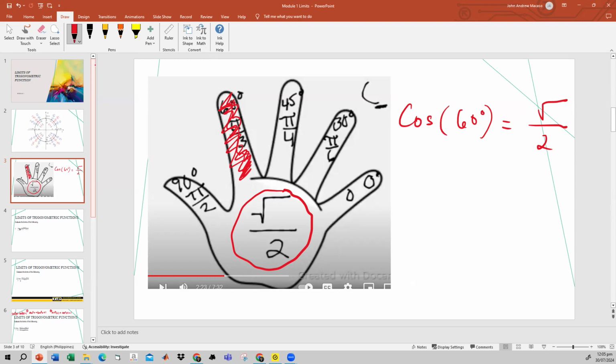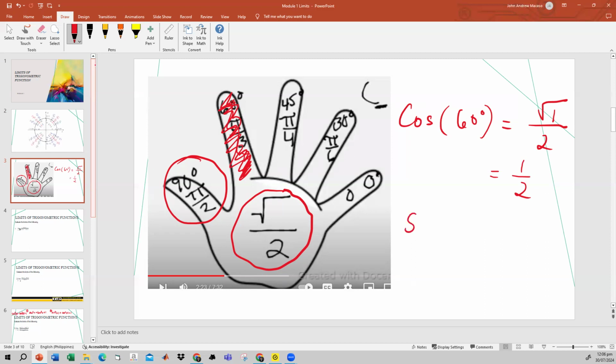So how many fingers left starting on your thumb? So in that case, we only have one, right? So in that case, we'll have square root of 1 because one finger is left. So in that case, the square root of 1 over 2, that's 1/2. Okay, so I hope we're clear with this one.